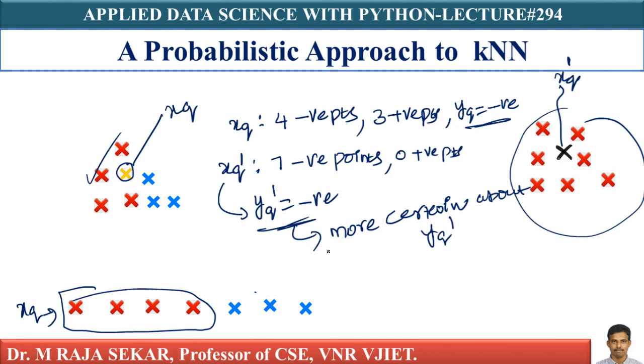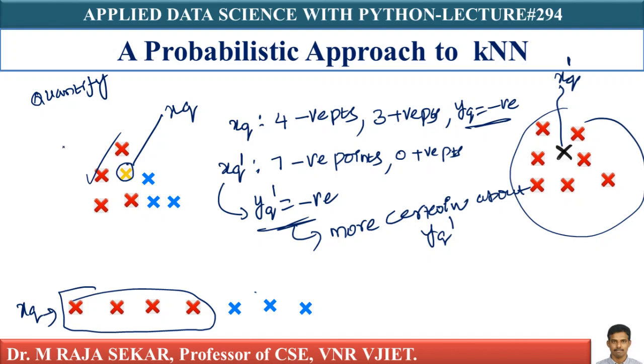Somehow, can we quantify this? This is important. Can we quantify or put this uncertainty into numbers?